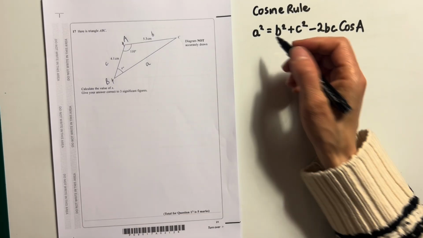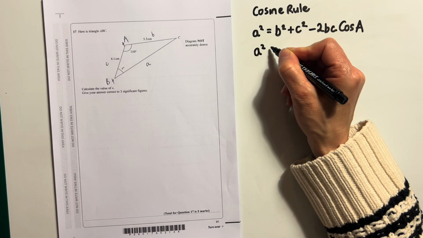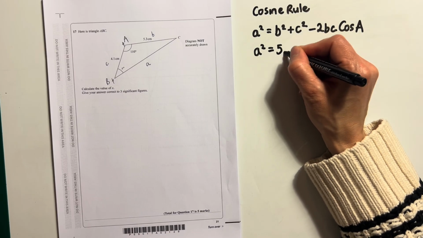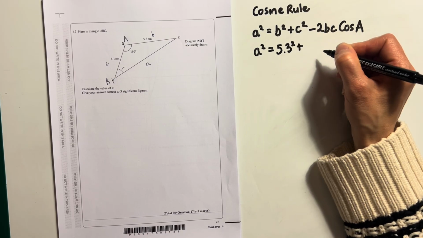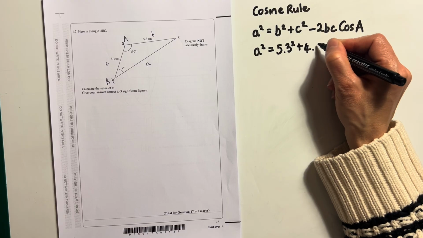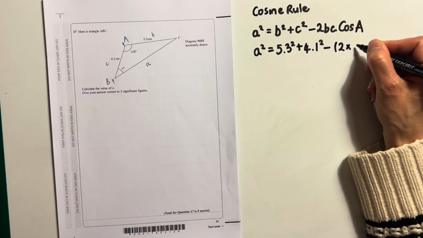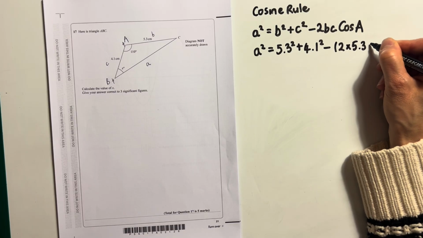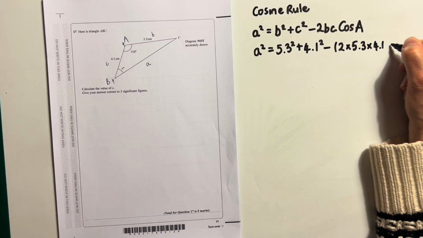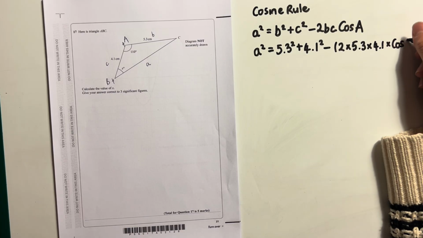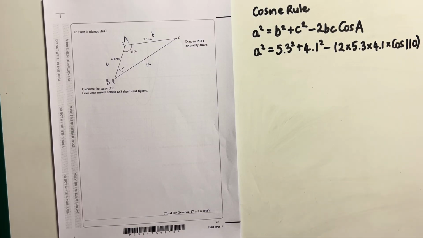So we're trying to work out what a is, so that stays as a squared. We know b is 5.3. We know c is 4.1. And so we can fill those in. So we've got b is 5.3, c is 4.1, and we know that the angle A is 110.